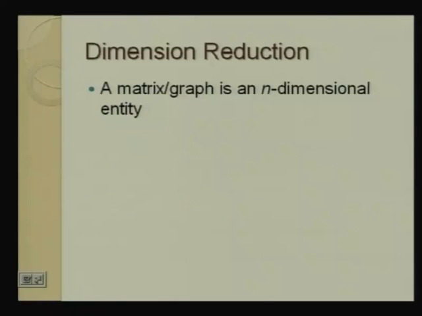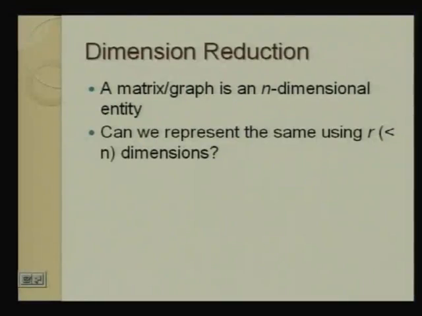What we mean by dimension reduction is that a matrix or the corresponding graph is an n-dimensional entity. It has n nodes and their interactions, or the matrix has n vectors. As we said, it has n column vectors, or it represents n planes. Whichever way you look at it, it's a combination of n entities.